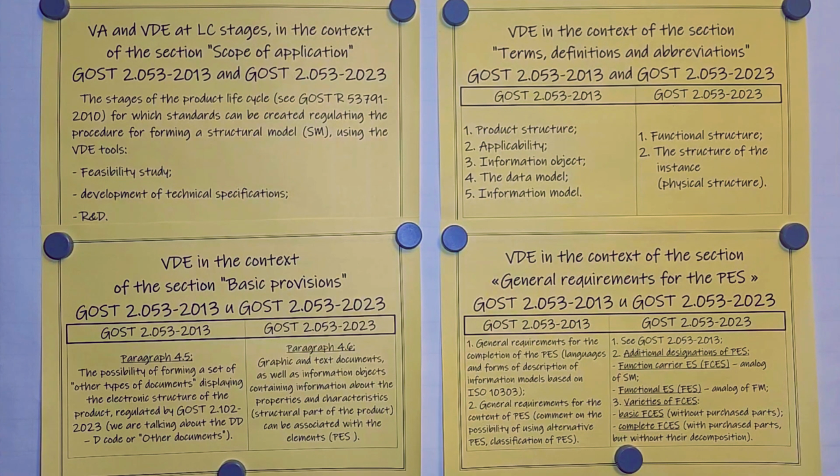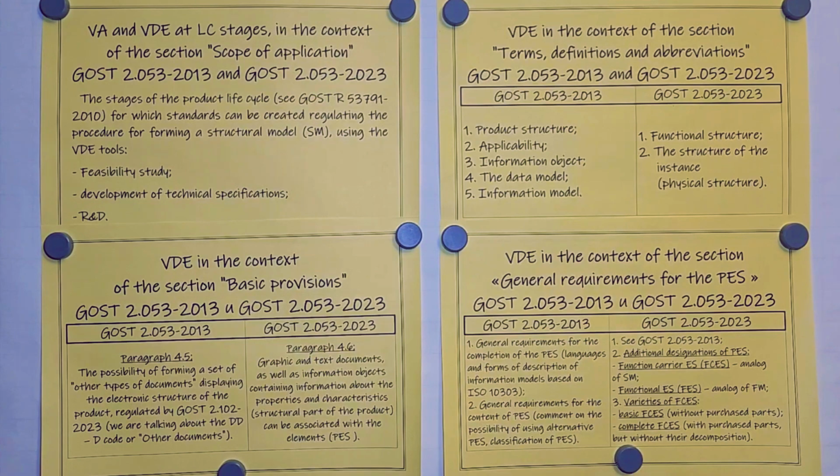Thus, in accordance with paragraph 6.1, it's allowed to form alternative product electronic structure not only at various stages of the life cycle, but also at various milestones of the project, both outside of the product data management system, for example, local files on the server of the production costs analysis department, and within the PDM system in which special items have been created to work with information objects of the stage of design engineering documentation.